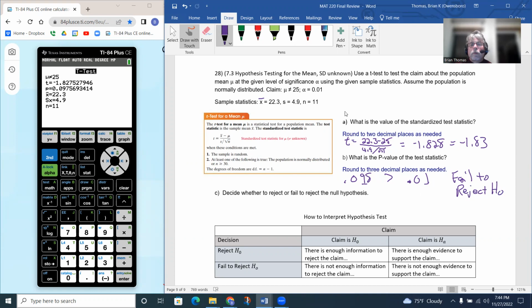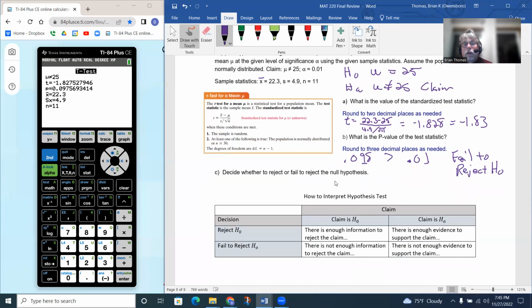As we do our hypothesis testing, our null hypothesis is going to be mu equal to 25, and our alternative hypothesis is going to be mu not equal to 25. Remember, the alternative has got to be the inequality, so that's where our claim is. What we end up picking up on here is we're failing to reject the null hypothesis.